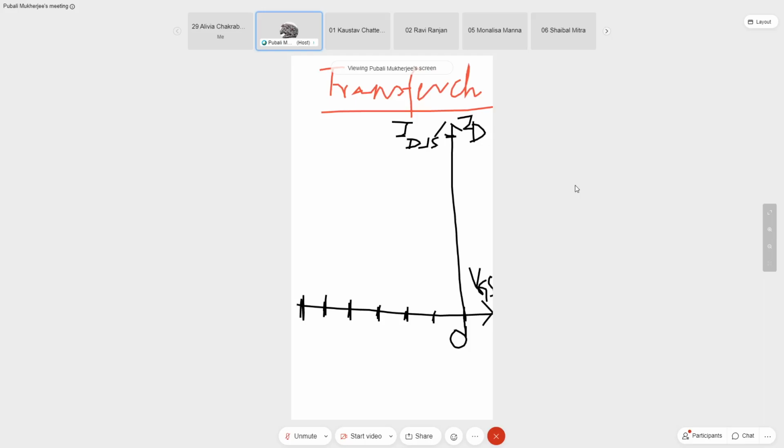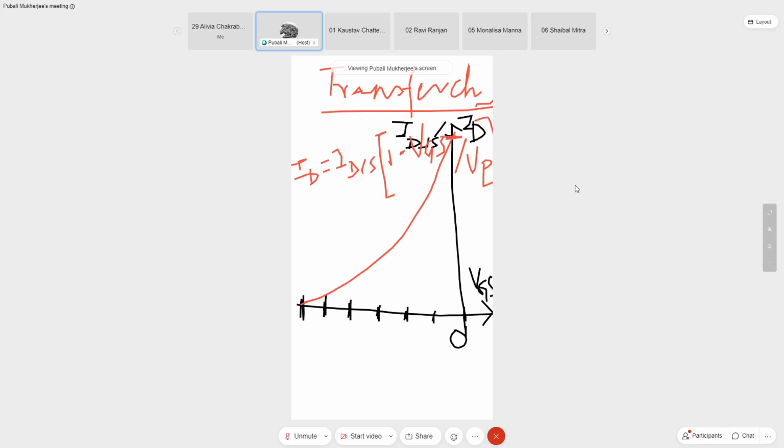And we had a transfer characteristics which looks like this. This is basically drawn using the equation ID equal to IDSS into 1 minus VGS by VP, whole square. So this transfer characteristics is drawn using this equation.